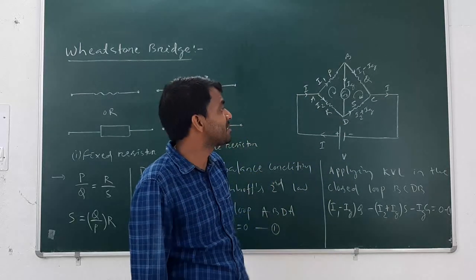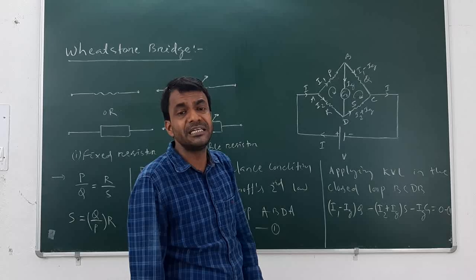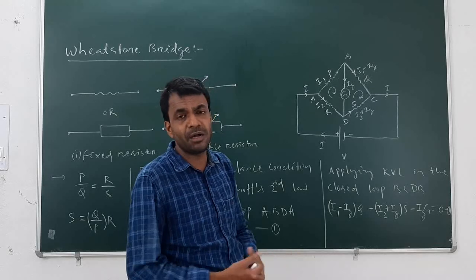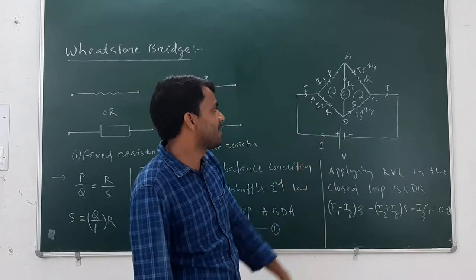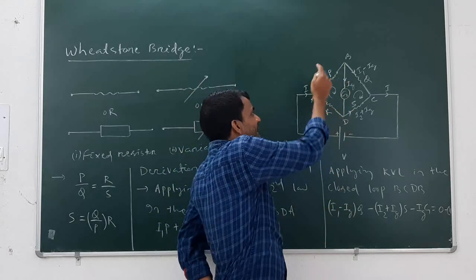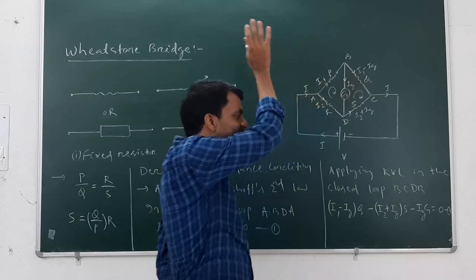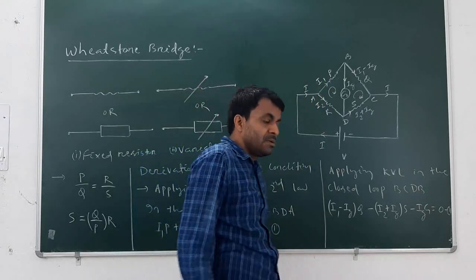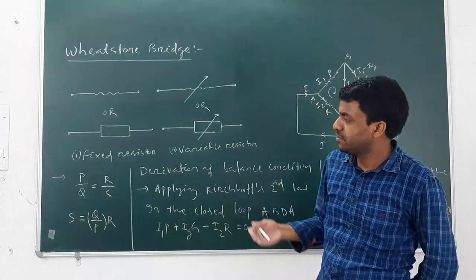I1 minus IG plus I2 plus IG is equal to I1 plus I2, or I. This is the diagram, and I have taken the loop directions like this: A, B, D, A, and B, C, D, B. Now what do I have to prove?